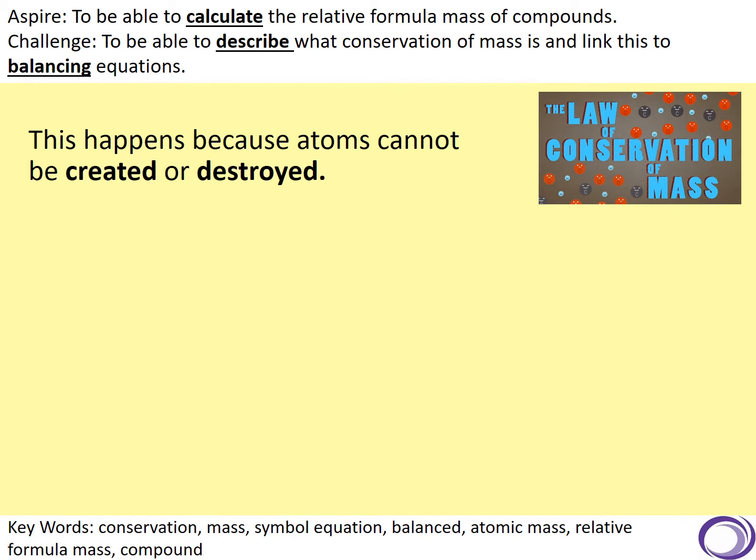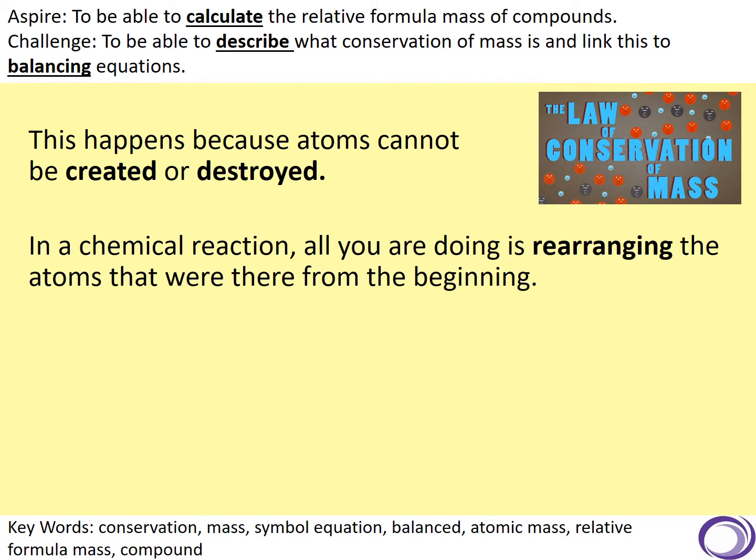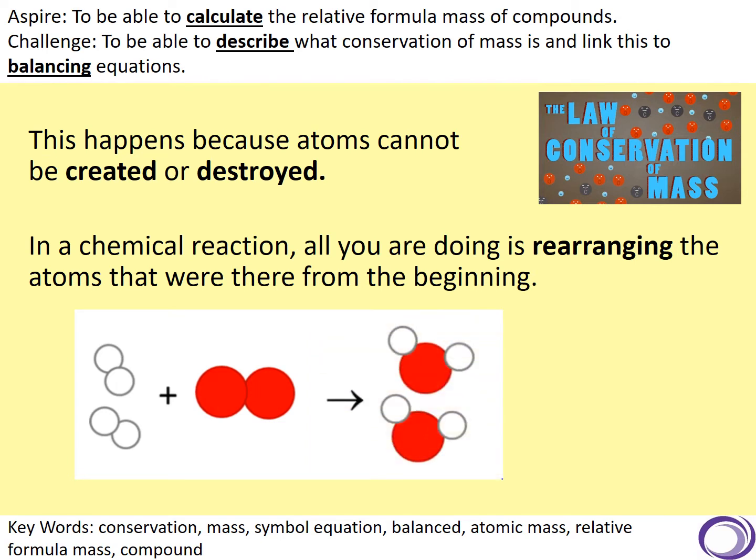So, as I've said, this happens because atoms cannot be created or destroyed. In a chemical reaction, all you are doing is rearranging the atoms from where they were in the beginning. So if we start off, in this case, with 4 white atoms and 2 red atoms, then when they react together, they could be rearranged so that they're joined in groups of 1 red and 2 white.